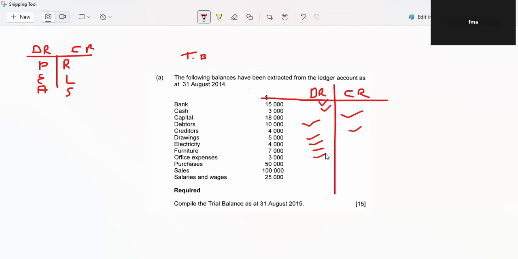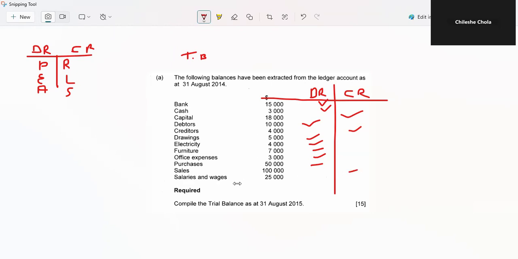Then sales, they are credited. Purchases first. So purchases, where do they go? All purchases, we are debiting, under PEARS, the first one. Sales, we are crediting.